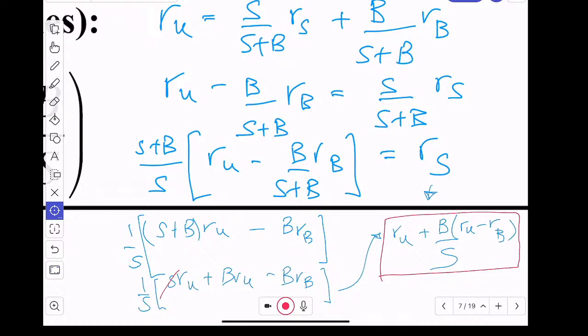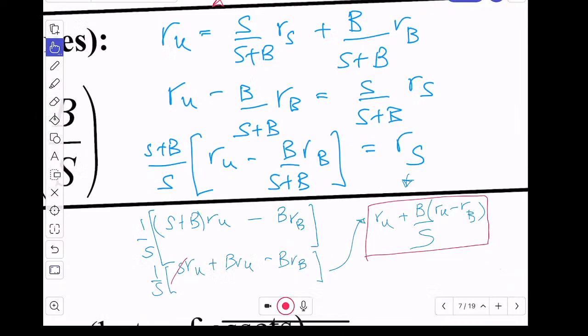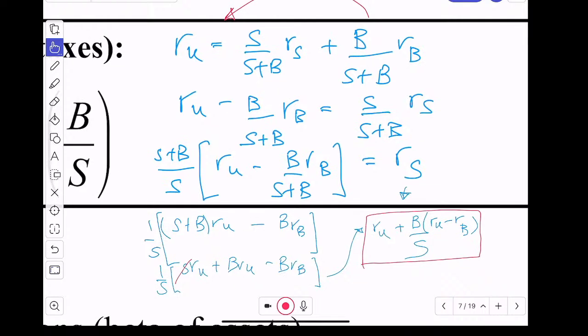Well, let me do it again, Daviana, because I think it's confusing, but okay. So let me review and then I'll do it again. So this is the formula. So now what I'm going to do is move this to that side. So that's this here. Now I'm going to cross multiply this term to all of this. That's what I do.